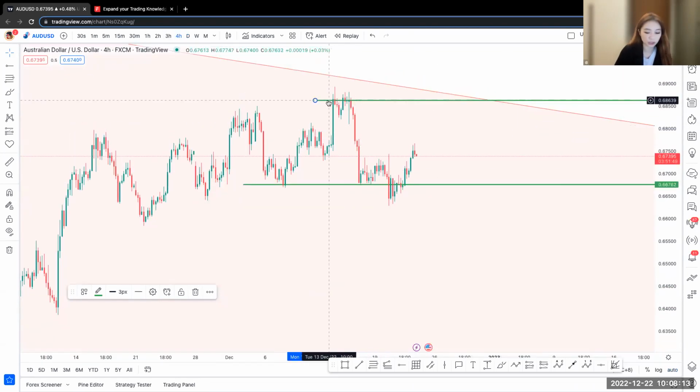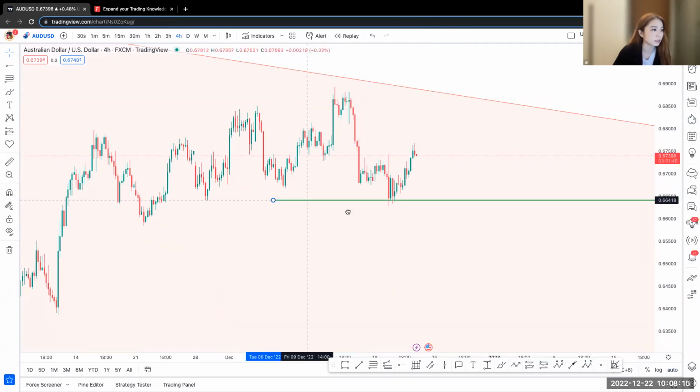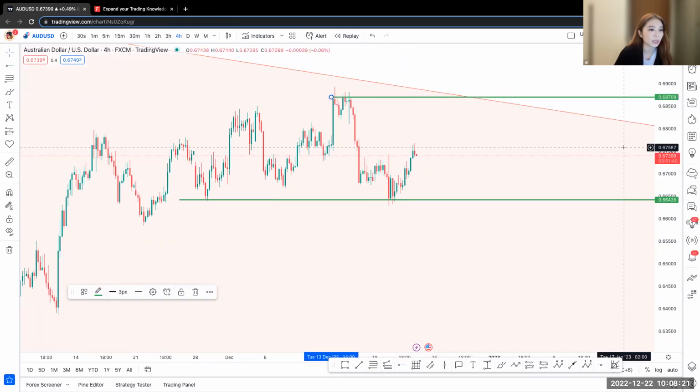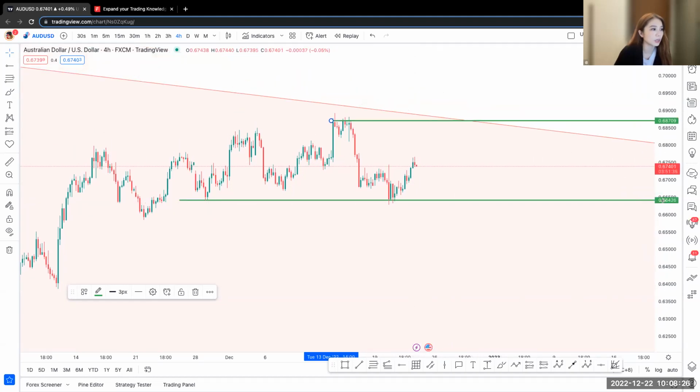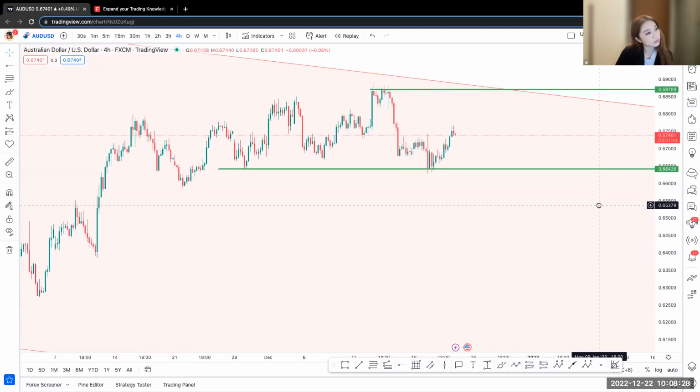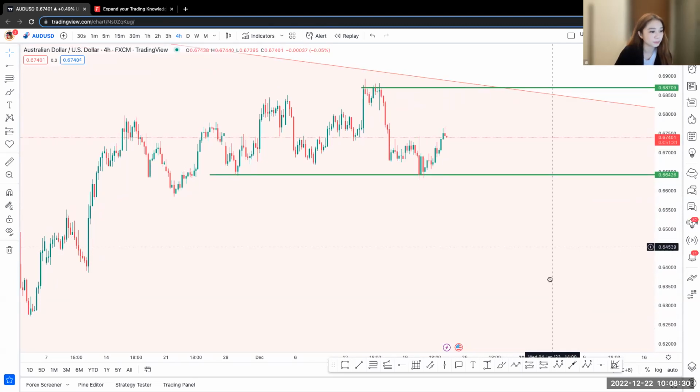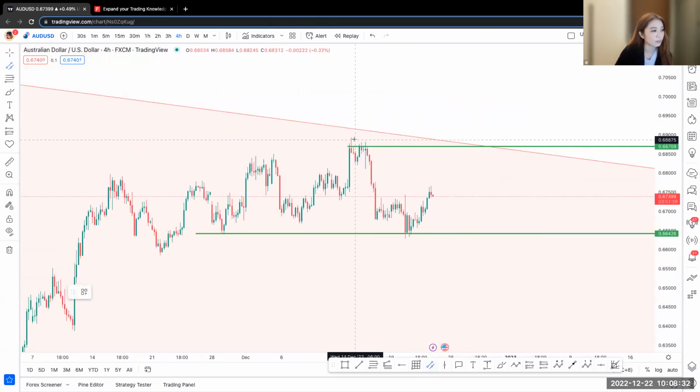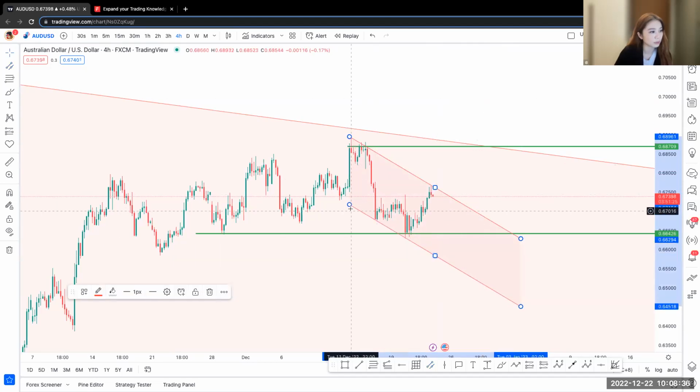Let me just readjust the nearest support as well as resistance. So we are looking at prices to be reacting in between these two touch points. Just checking for a downward stream.